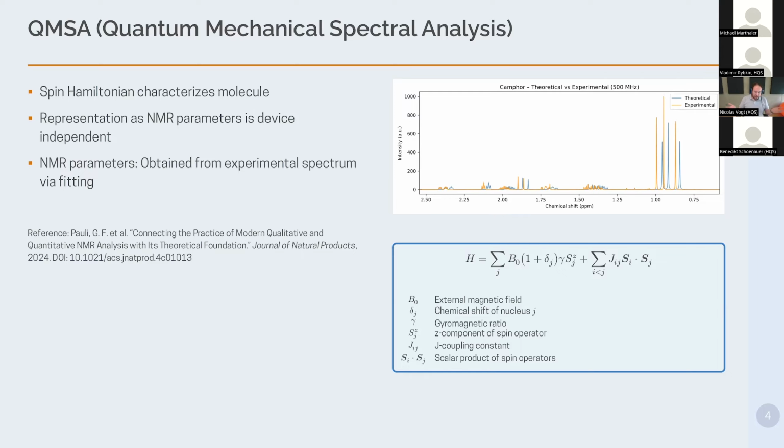And of course, you can immediately see that once you run this QMSA procedure and you obtain these correct parameters, you can always construct the correct spin Hamiltonian for an NMR problem and use it as input for, in general, quantum simulation, or more specifically, a quantum algorithm, if you want to go in that direction. However, back to the QMSA approach and the parameterization. So what you essentially do is relatively simple.